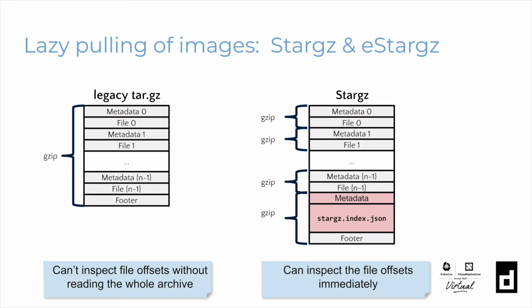This slide compares legacy tar.gz and stargz. With legacy tar.gz, you can't inspect file offsets without downloading and reading the entire archive. But with stargz, you can inspect the file offsets immediately right after reading the footer structure, because the footer structure contains offset information of all files.